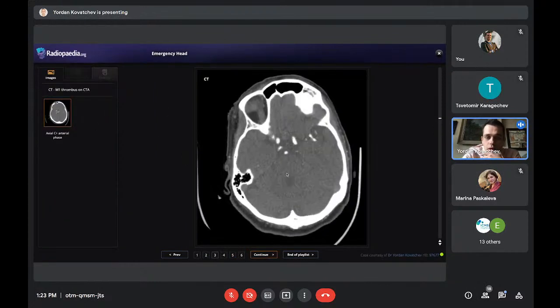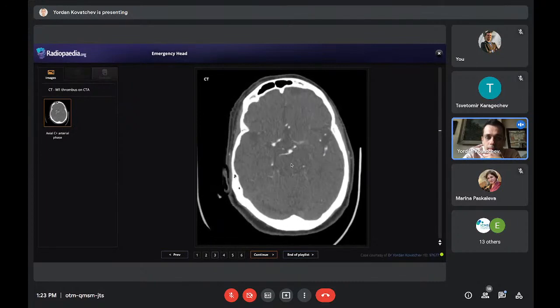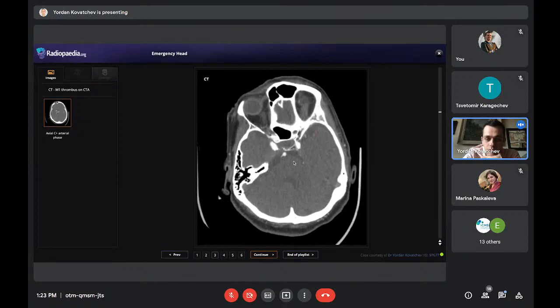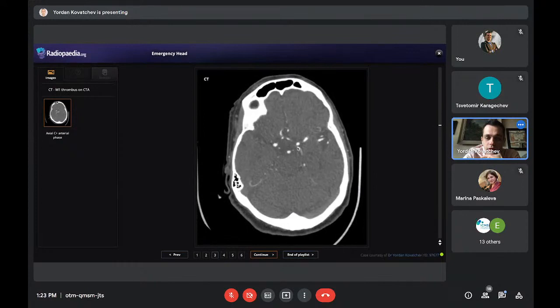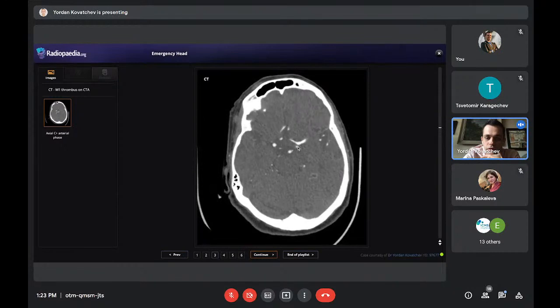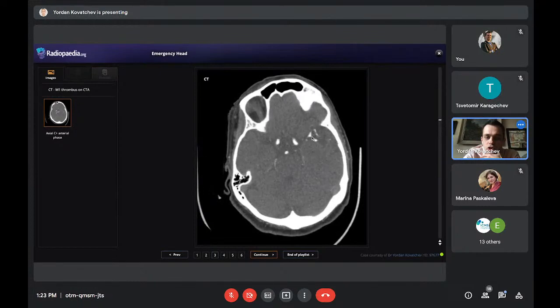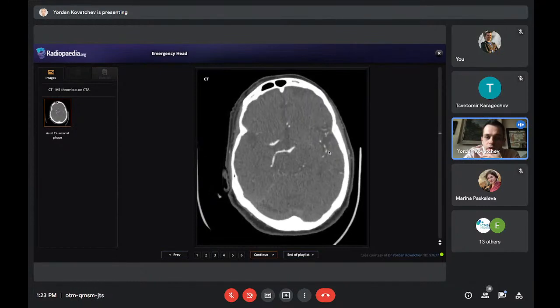On the angiogram, or CT angio, however you want to call it, this is with contrast, arterial phase, as was explained. We follow the arteries closely. Let's look at the healthy side first, how it normally looks. The carotid artery, this is the posterior communicating artery from the posterior circulation. And then it turns into the MCA, which you can clearly follow really far without any filling defects.